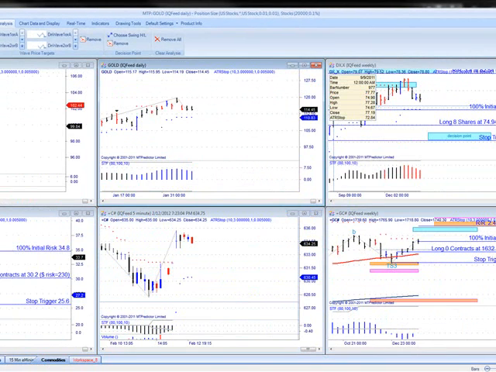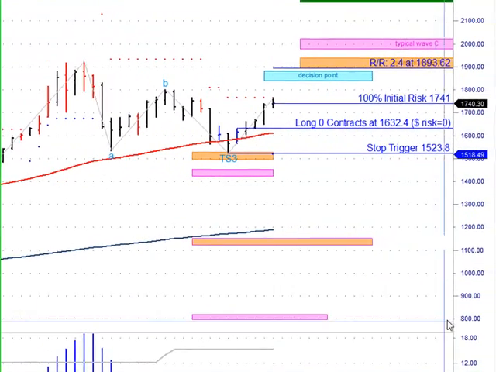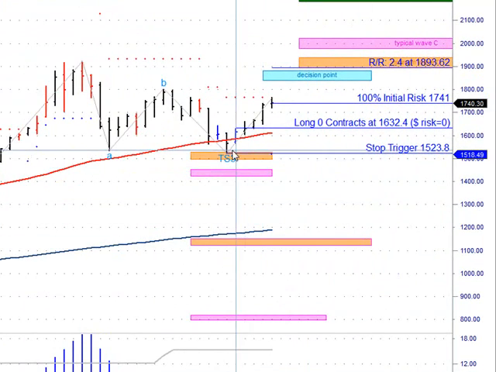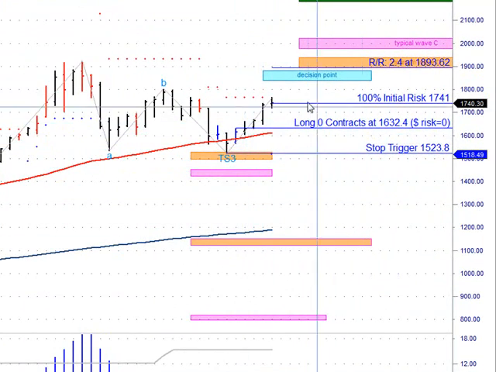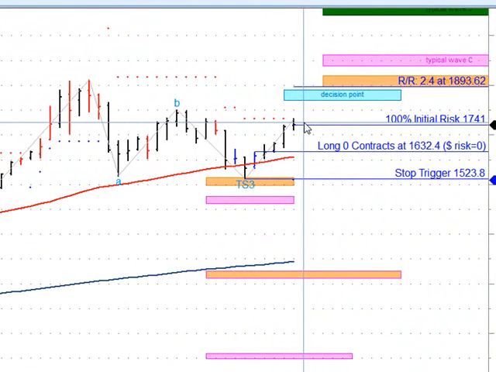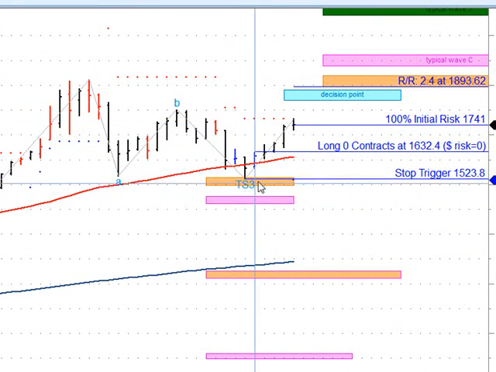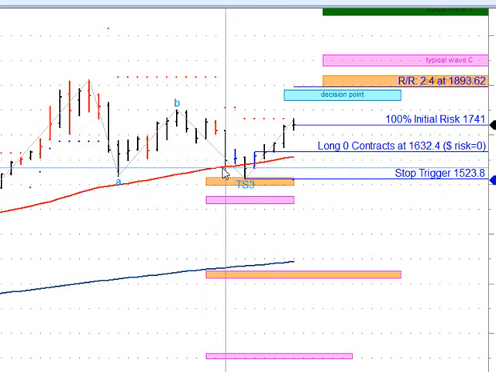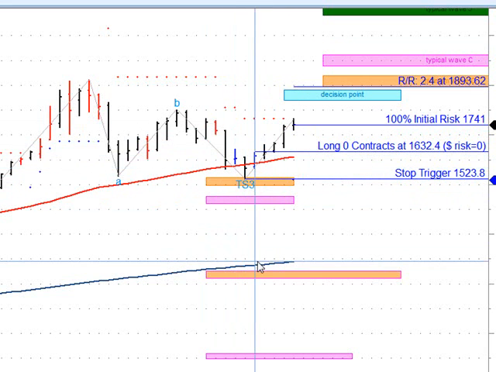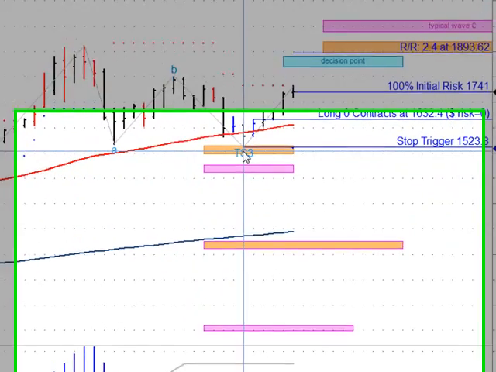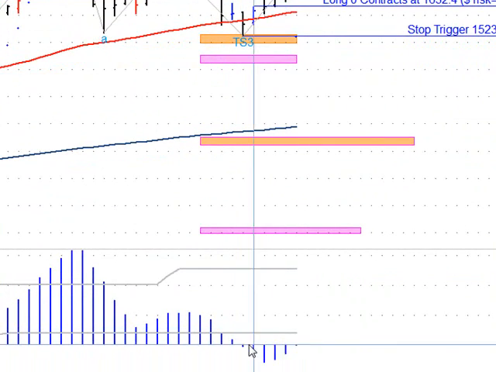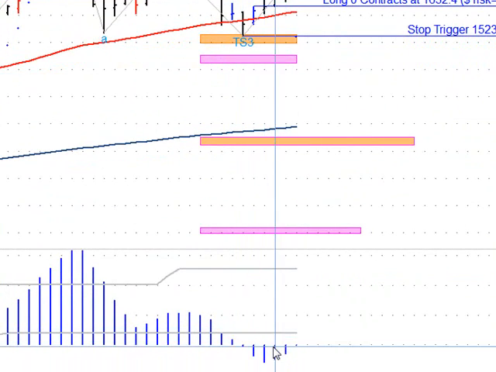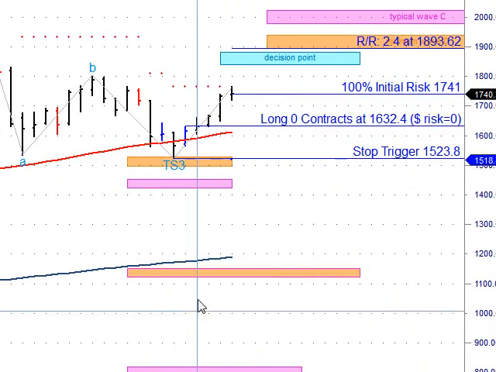Take a look at the commodities here in gold. Again, our weekly long in gold at 1632.40. You've reached the 100% initial risk line, so if you're long gold, this TS3 below the 50 period, above the 200 period. Good opportunity to be a buyer there. It's just a standard trade setup with our blue STF being the bigger trend is up.